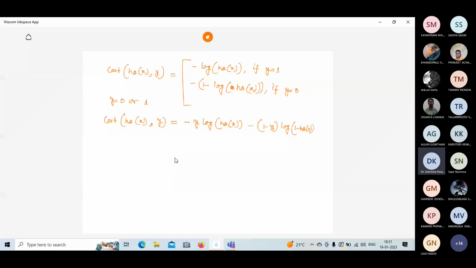When we combine both these cost functions for class level 1 and 0, we get this combined form for the cost function.